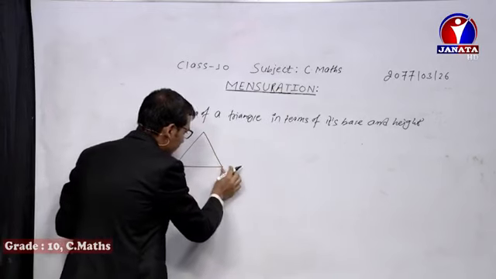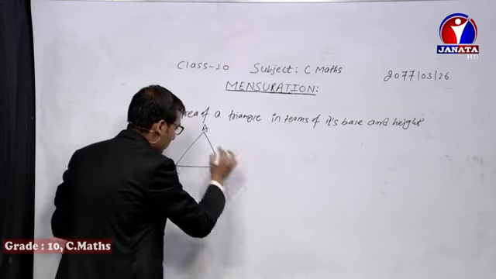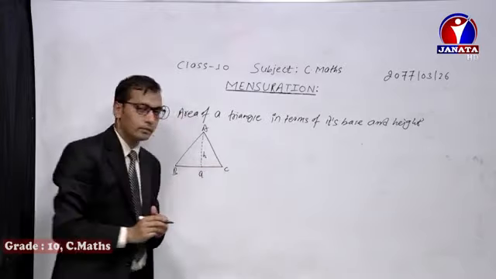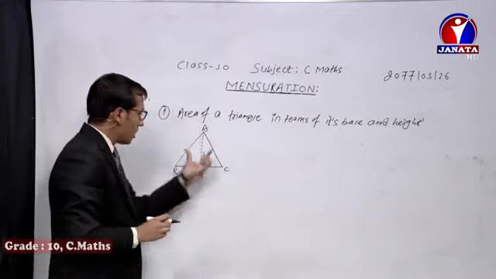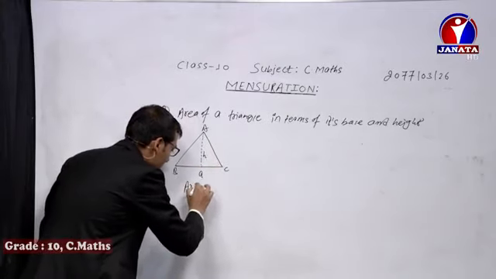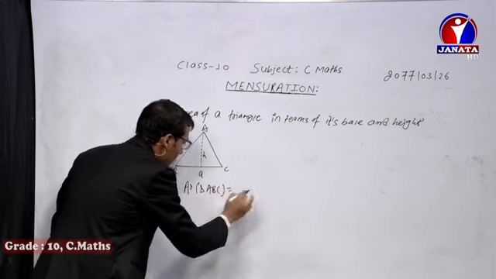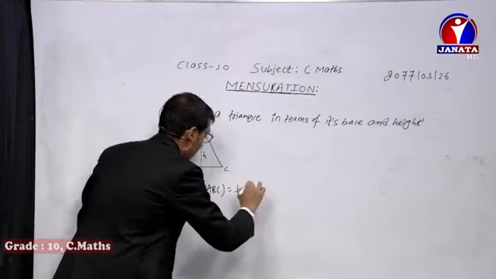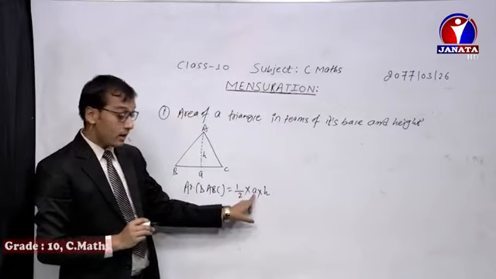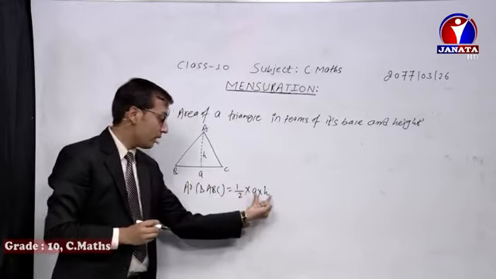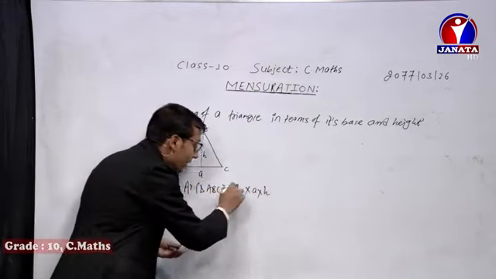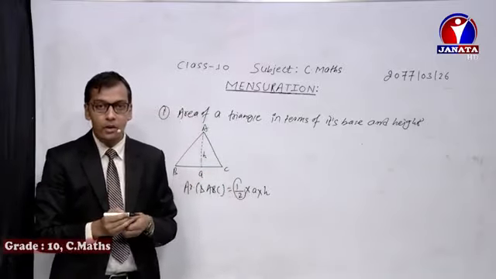This is a triangle, let's say triangle ABC. If h is the height and the base is a, what is the area of this triangle? Area of triangle ABC is 1/2 of base times height. I have supposed the base is a and its height is h. So this is the formula to find the area of a triangle. But why 1/2? Let me make it clear.